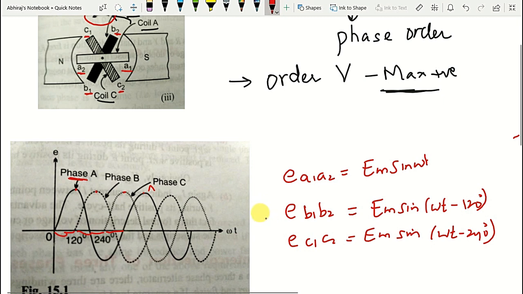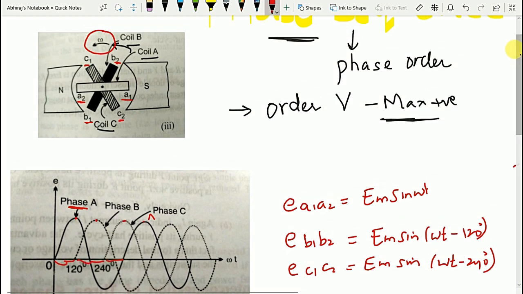Now the phase sequence is generally determined by the direction of rotation of the alternator. Here in the anti-clockwise direction, first you have coil A1, A2, next after 120 degrees you have coil B1, B2, and after 240 degrees you have coil C1, C2.